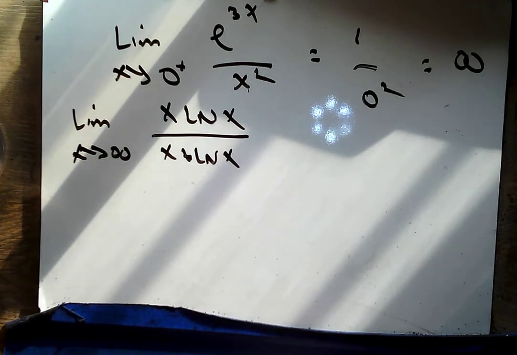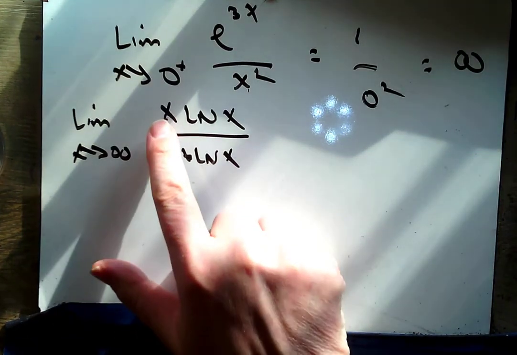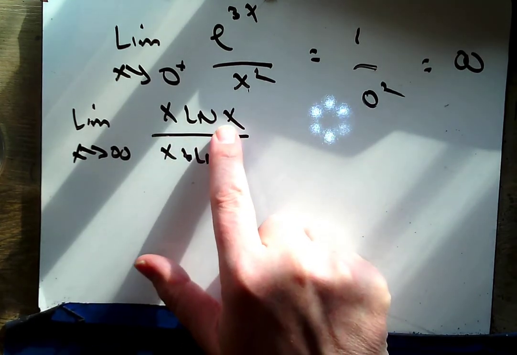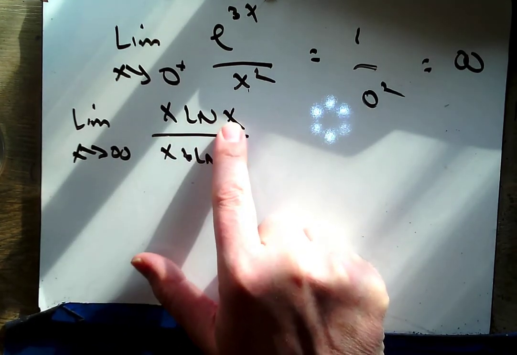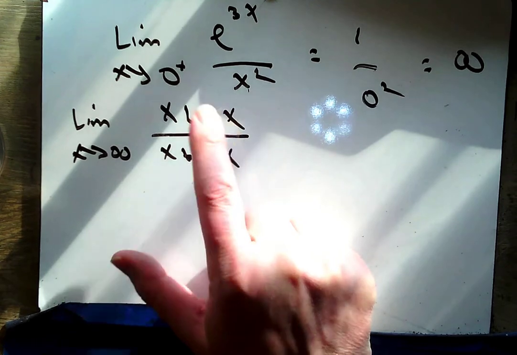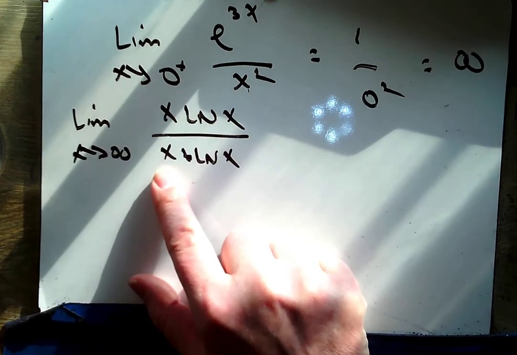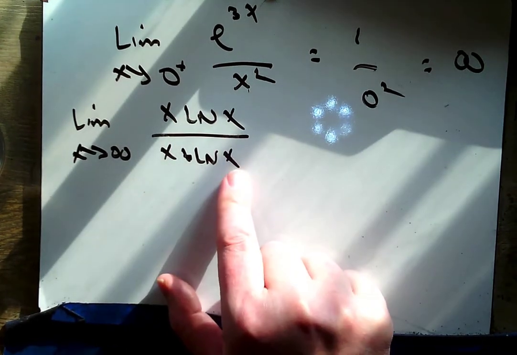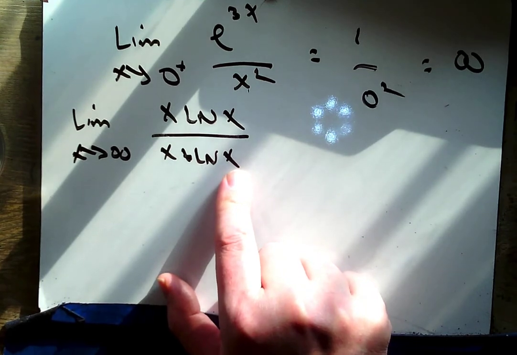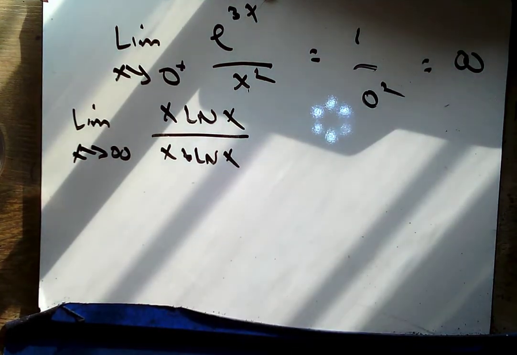So what do you notice here? Well, infinity times infinity. I've got infinity on top, and I've got infinity plus infinity on the bottom. So I'm looking at infinity over infinity.